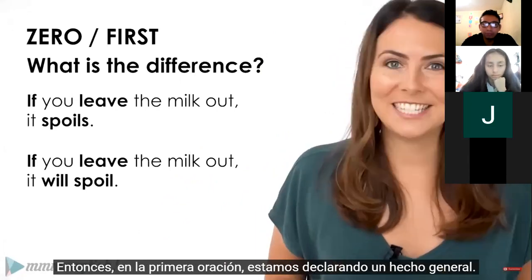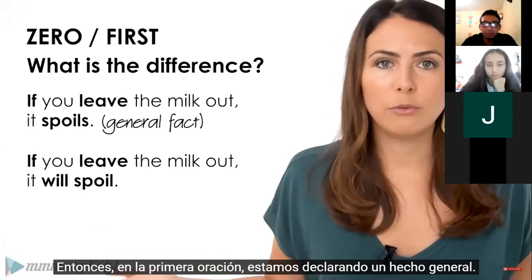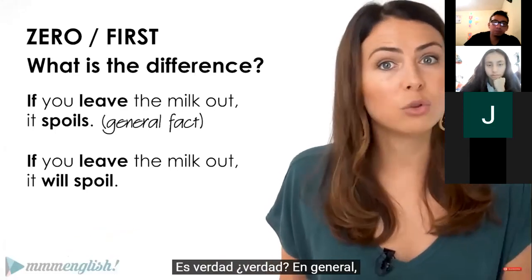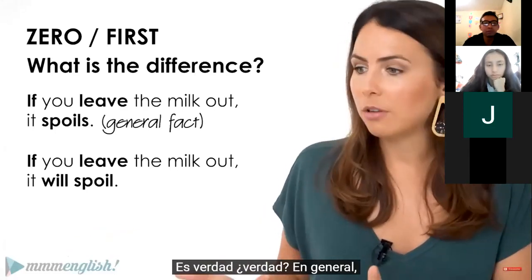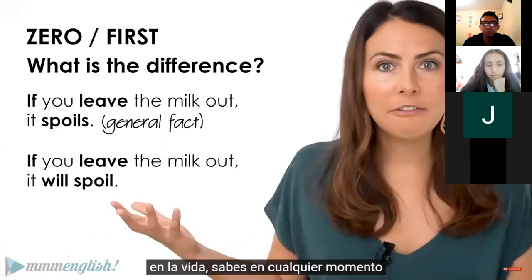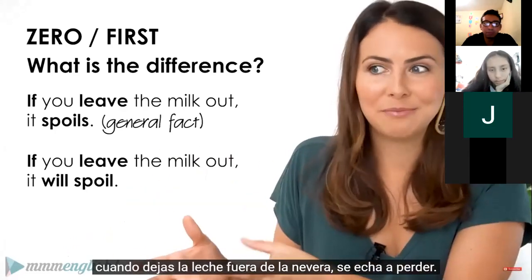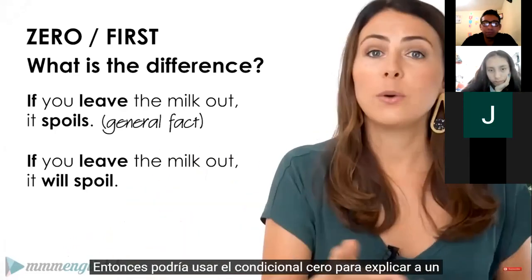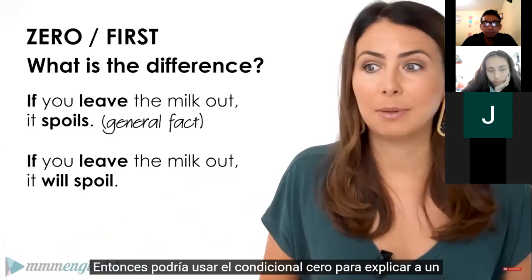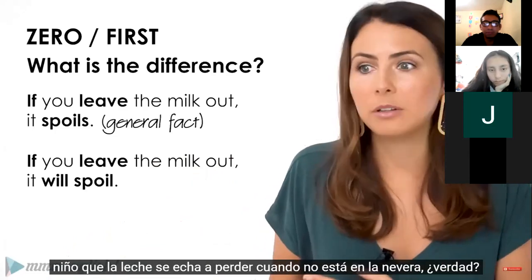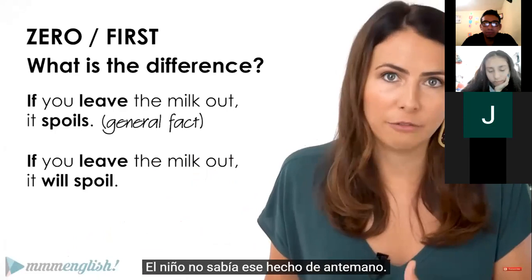So in the first sentence, we're stating a general fact. It's true, right? In general, in life, at any moment, when you leave milk out of the fridge, it spoils. So I might use the zero conditional to explain to a child that milk spoils when it's not in the fridge, right?